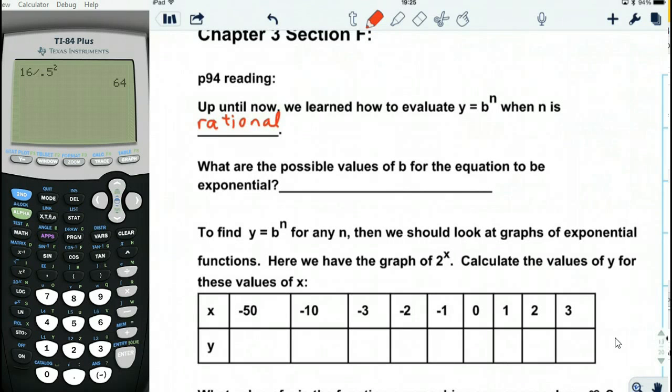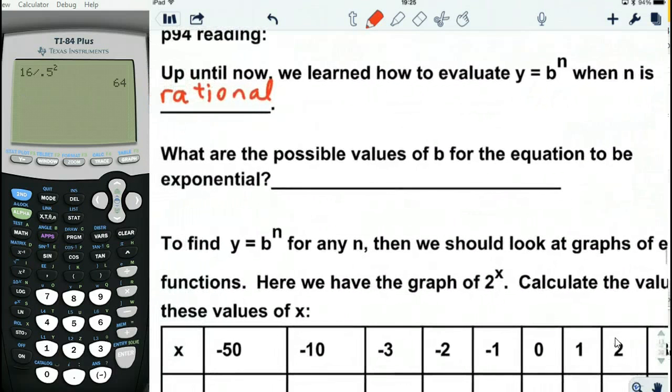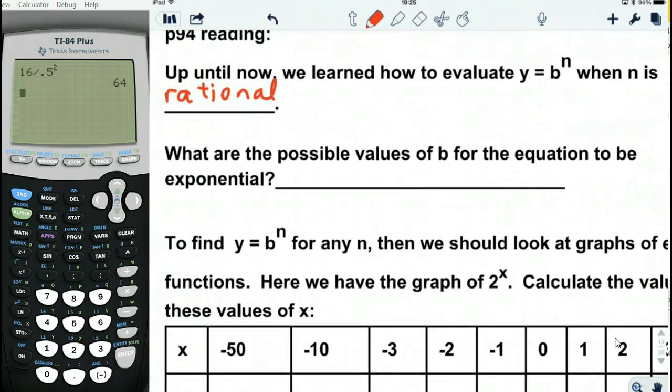What are the possible values of b for the equation to be exponential? Well, b can be almost anything. The only thing it can't be is 0, because 0 to the whatever is always 0. That's going to be a really boring line.